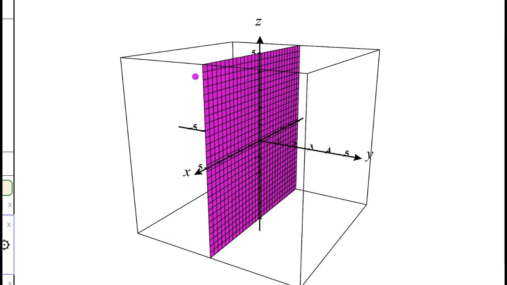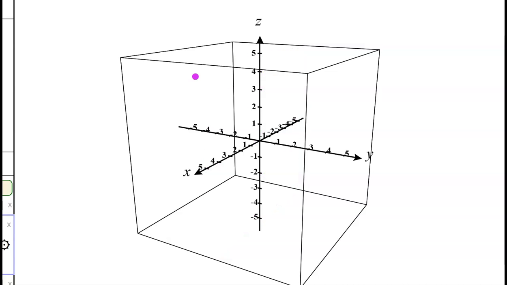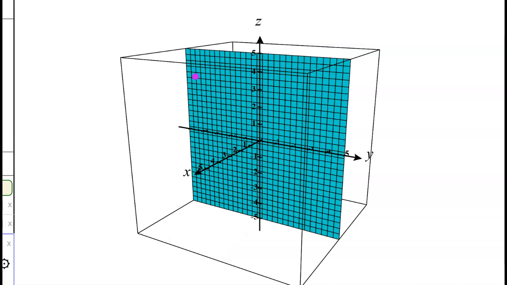It's a positive 4. Now, let's look at the xz plane. You can see that we are behind the xz plane. So for this plane, we would consider looking at the y coordinate. And then if we were to look at the yz plane, you can see we're in front of it. And for the yz plane, we're looking at the x coordinate, which is positive.